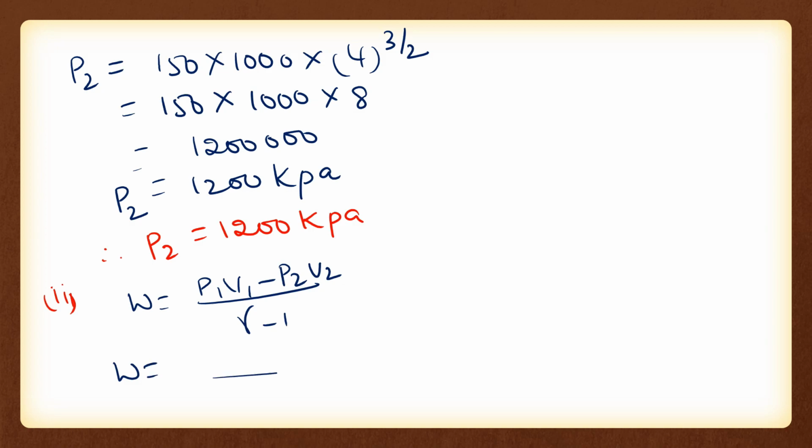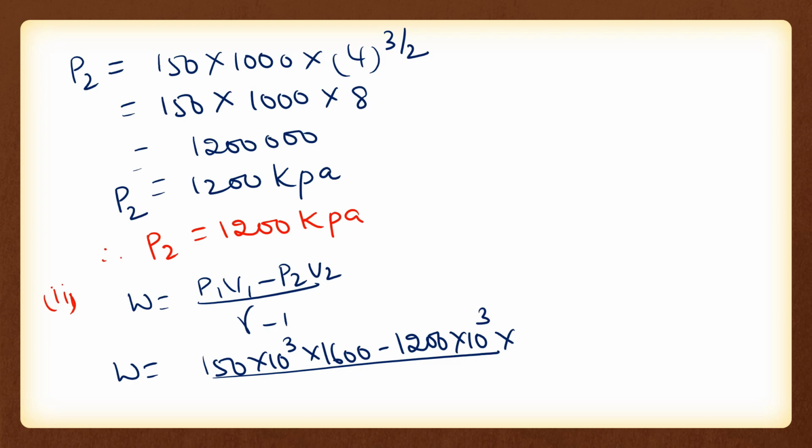Substituting all values in this equation, P1 is equal to 150 into 10 cube, V1 is equal to 1600 and P2 is equal to 1200 into 10 cube and V2 is equal to 400, by gamma value 1.5 given in this question, so 1.5 minus 1 is 0.5. After calculation at last we are getting minus 480 joules. This is the work done by the gas in this process.